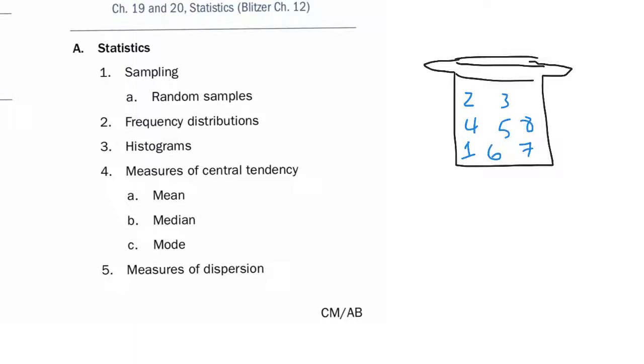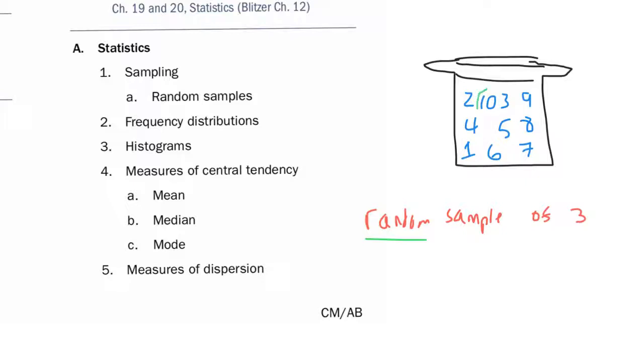1, 2, 3, 4, 5, 6, 7, 8, 9, 10. So imagine we want to pull a sample of 3. And in fact, we're going to pull a random sample of 3. So that basically means that you are randomly pulling out a smaller sample from a larger population. All right.